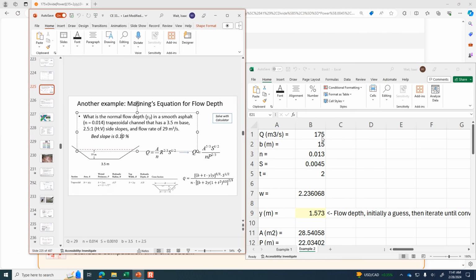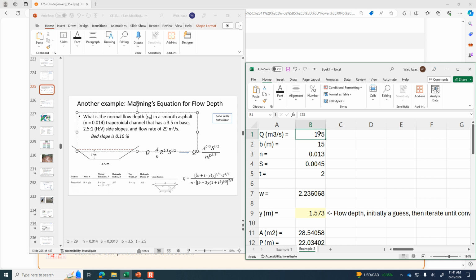So the flow rate is... I should have made this next example be in traditional units if I'd been thinking about it, because that's a curveball that you need to always be on the lookout for: how do things change if it was traditional units.